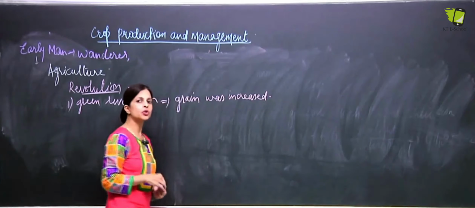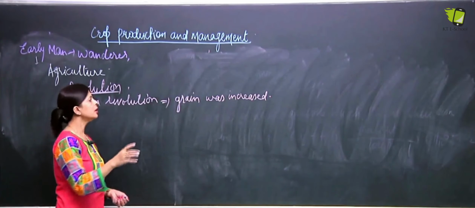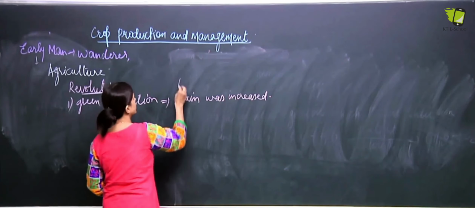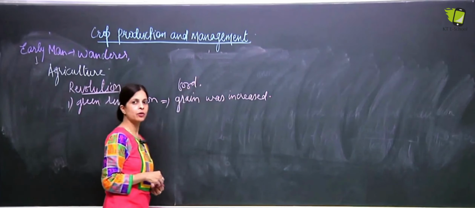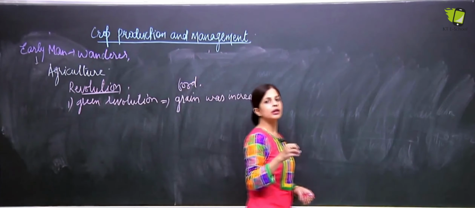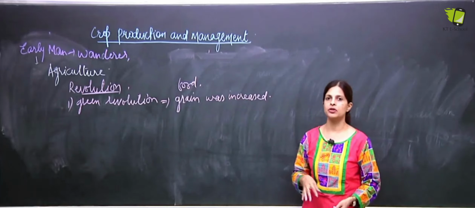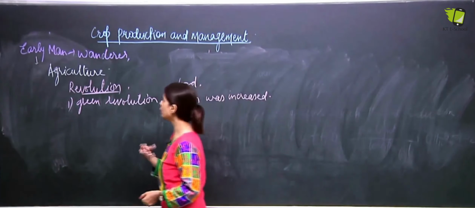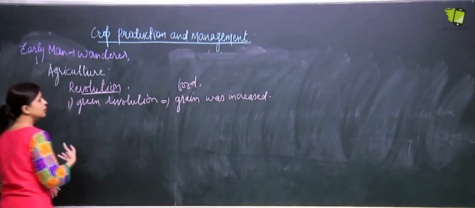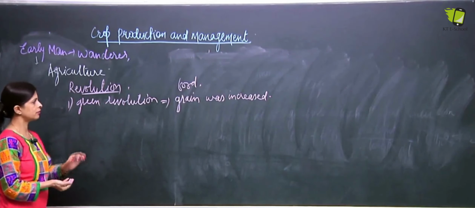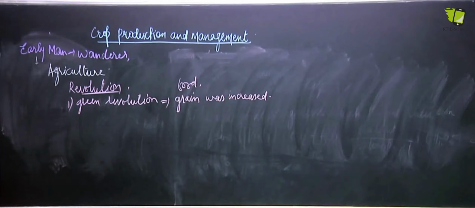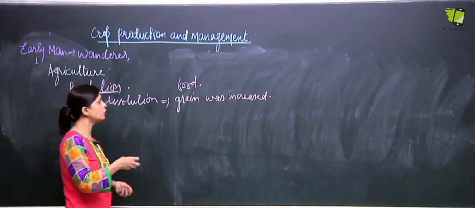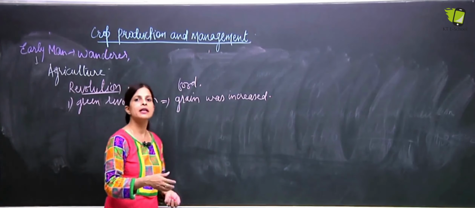Total focus was given to how the food grain production could be increased. This is known as the green revolution.